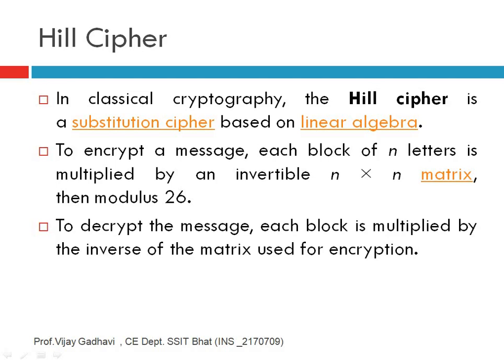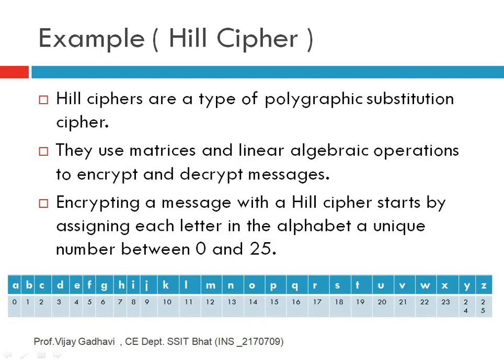To repeat, to encrypt a message, each block of n letters is multiplied by an invertible n by n matrix, then taken modulo 26. To decrypt the message, each block is multiplied by the inverse of the matrix used for encryption.